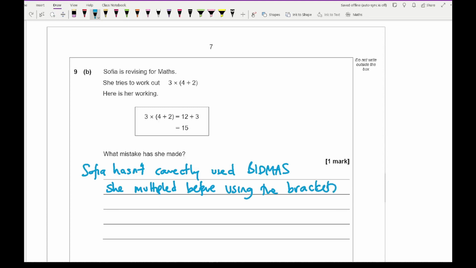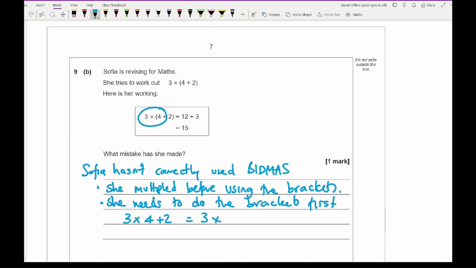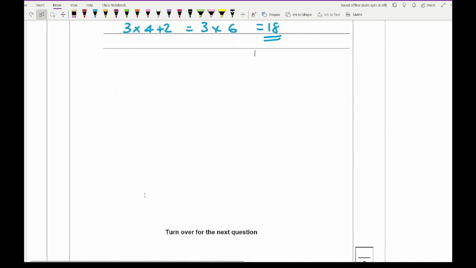You could say something along the lines of that she needs to do the brackets first. And you could also say where the mistake is. Well, basically it's doing that. So here she's done 3 times 4 plus 2 equals 3 times 6, which is 18. So something along those lines would be good enough to get the mark.